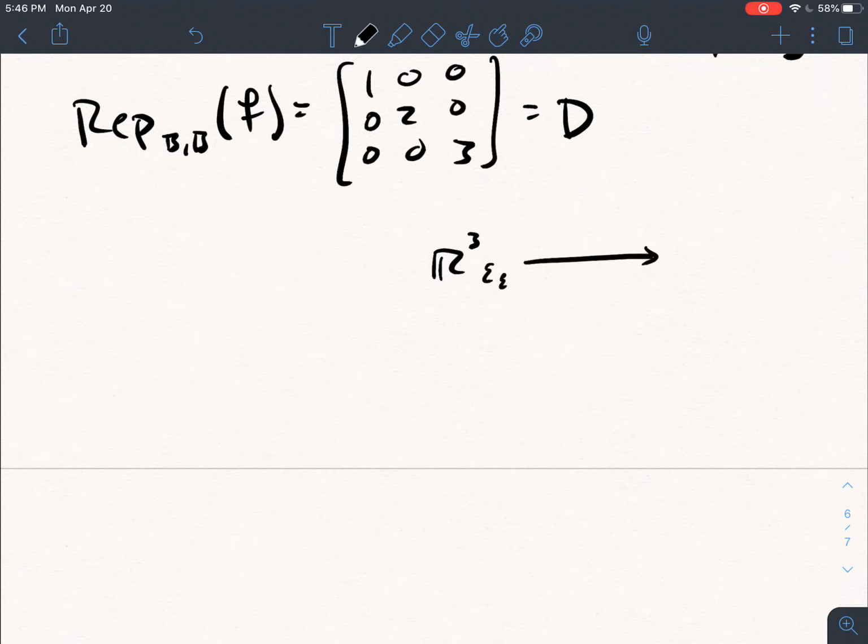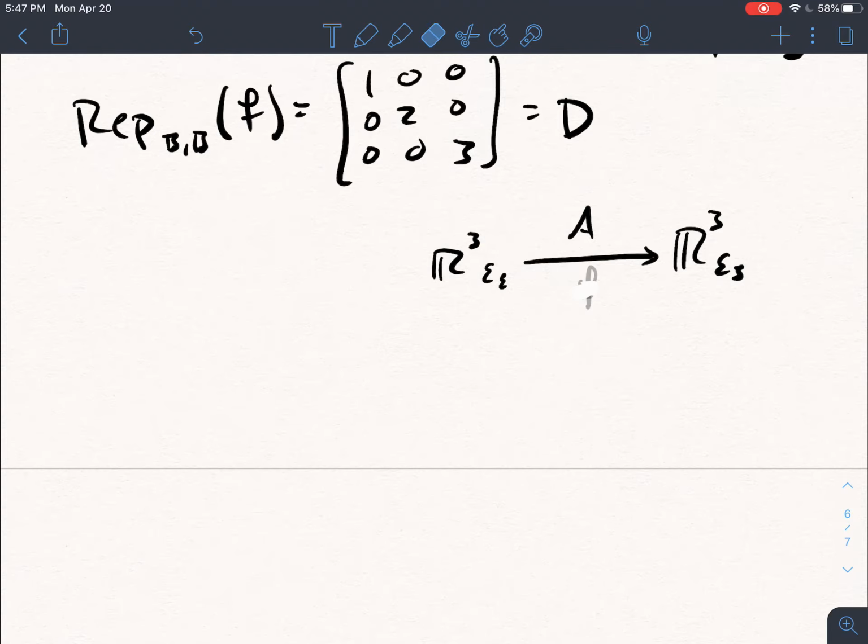So we're in R3. With respect to the standard bases, R3, E3, A. The reason I put the standard bases here is because A is just our standard matrix.